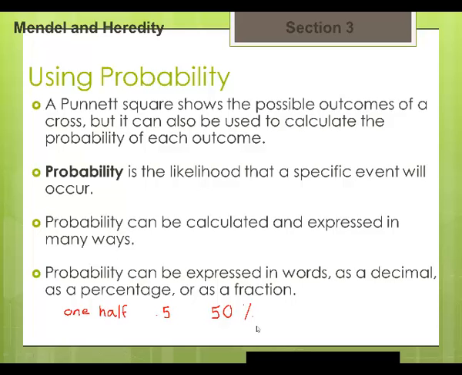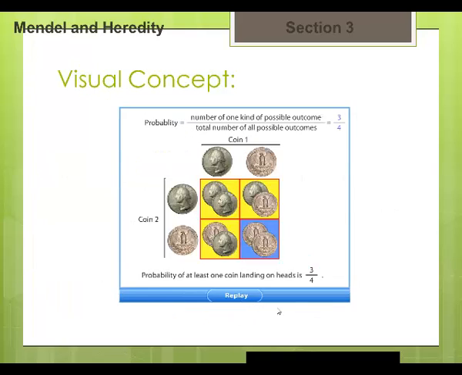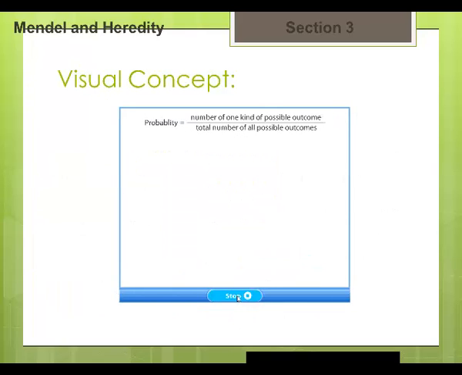And then as a fraction, it's 1/2. To calculate probability, we divide the number of one kind of possible outcome by the total number of possible outcomes.